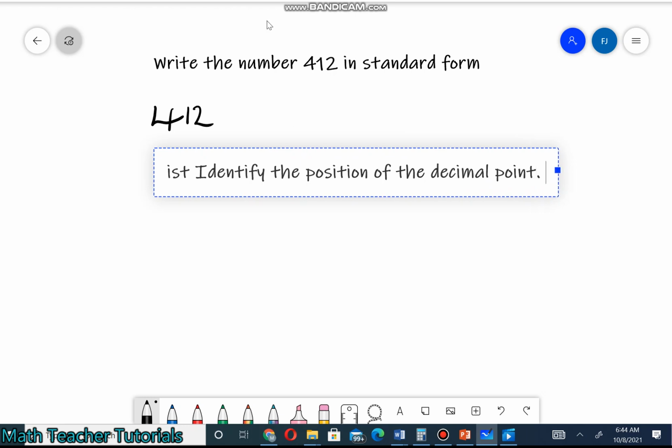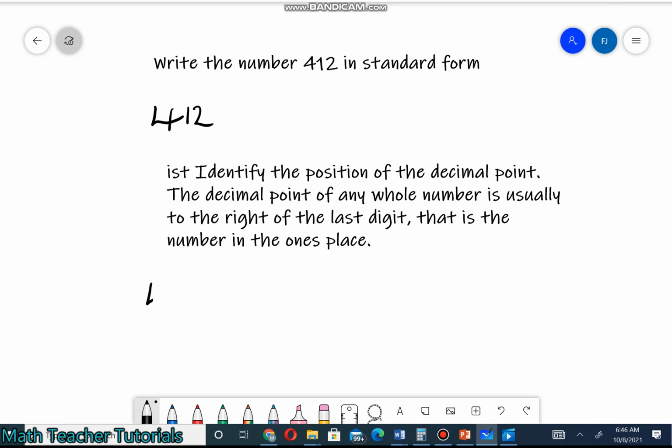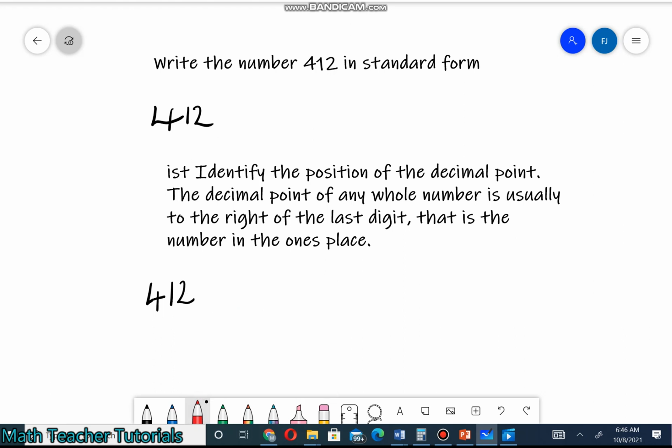It is important to note that the decimal point in any whole number is usually to the right of the last digit, which would be the digit in the ones place. Therefore, the decimal point in 412 will be to the right of the 2. I'm going to use the red pen to represent the decimal point.